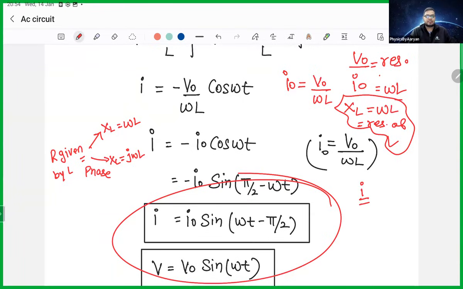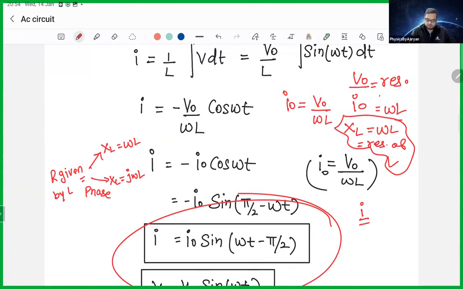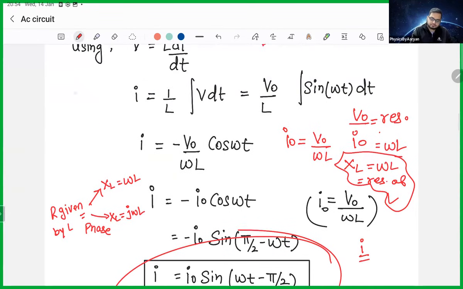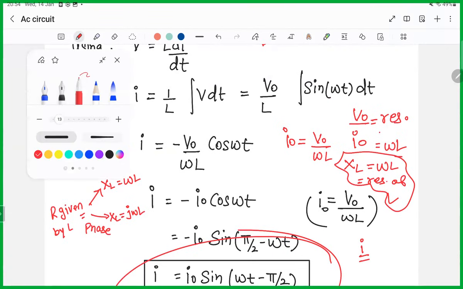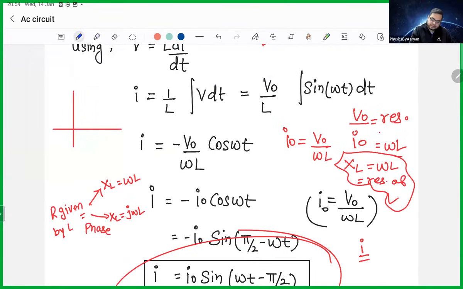Okay? j is an imaginary number iota. And why is there a j? Because you know Argand diagram. Argand diagram का नाम सुना है सबने? Yes, sir. Argand. Yes. So in Argand diagram, if this is your voltage and this is your real axis, yes, this is your imaginary axis. If this is your voltage and current is 90 degrees, what?